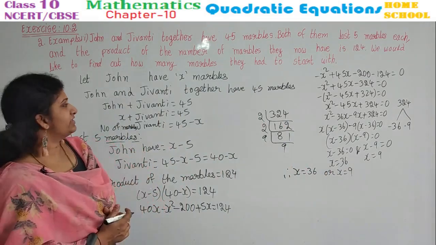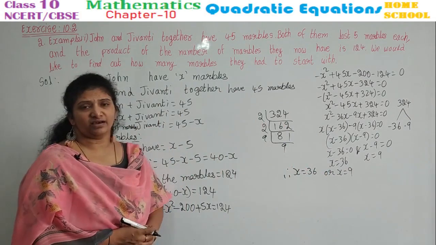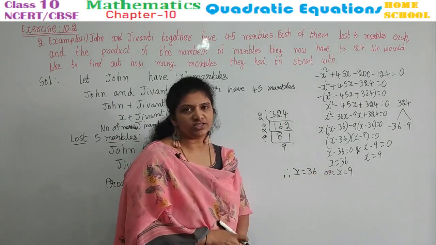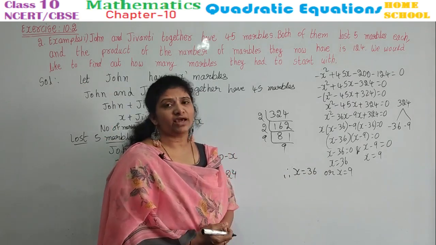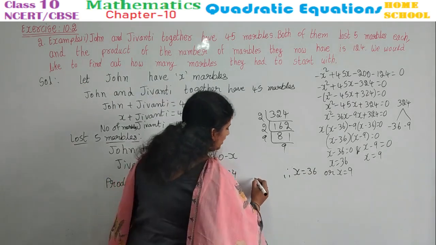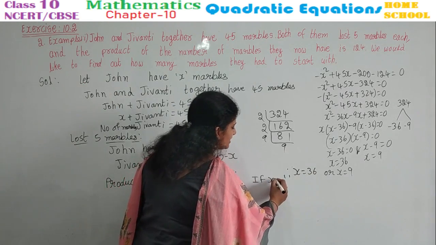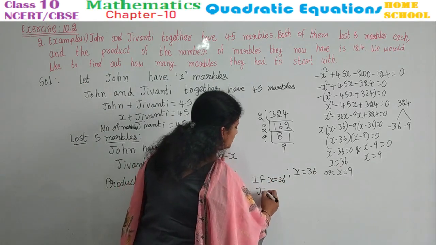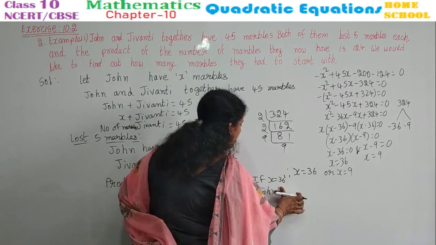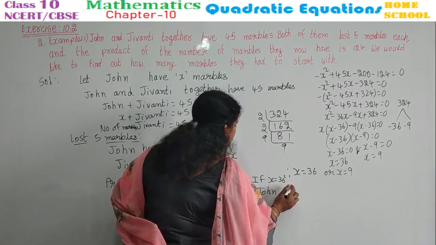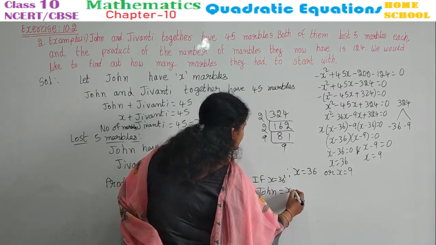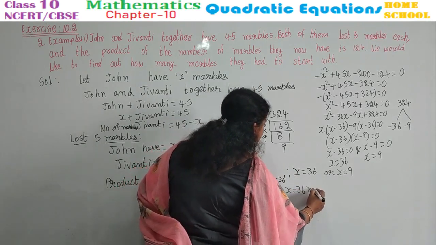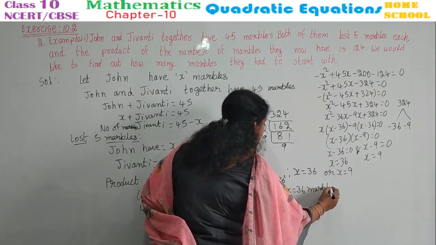Then how can I choose? How can I say here? x got two positive values. Then how can I solve this? Look here. If I take x is equal to 36, then John is equal to 36 marbles.